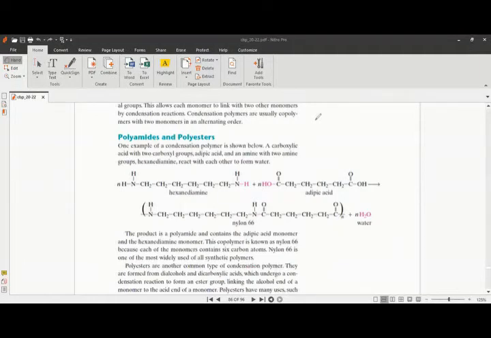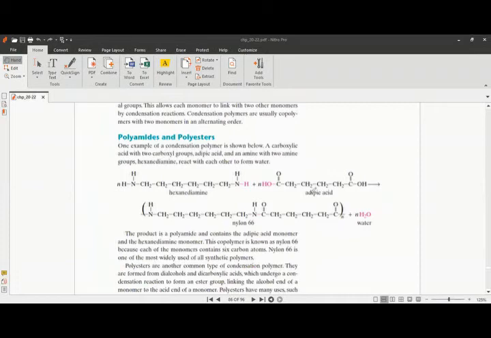But why is this polymer called nylon 66? Because you can see in front of you that the hexane diamine consists of how many carbon atoms? Six carbon atoms. And the adipic acid also consists of six carbon atoms.